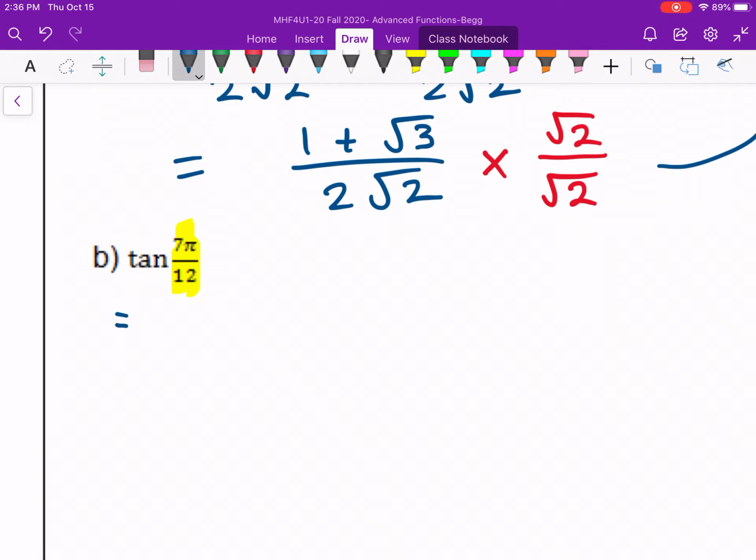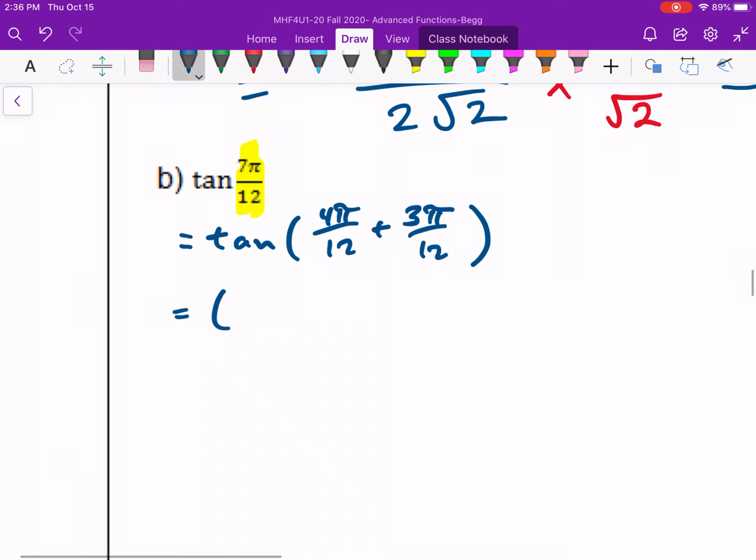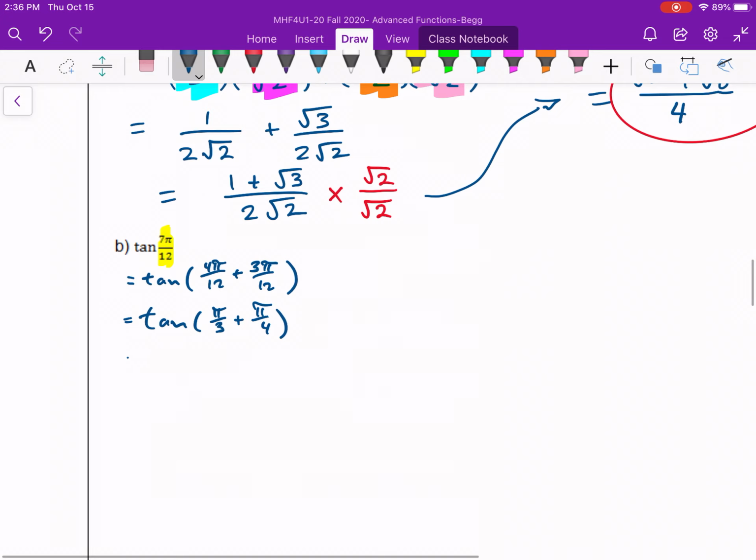And in fact, I'll show it in unreduced form first. So 4 pi over 12 plus 3 pi over 12. But we know that reduces to pi over 3 and pi over 4. And we have special triangles for that. We also have a formula for that.